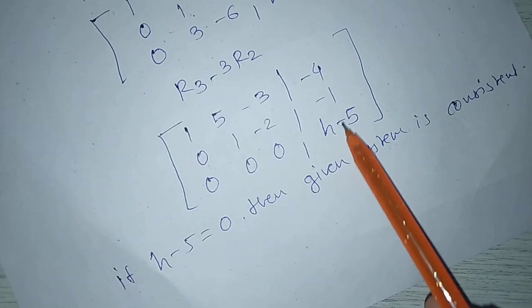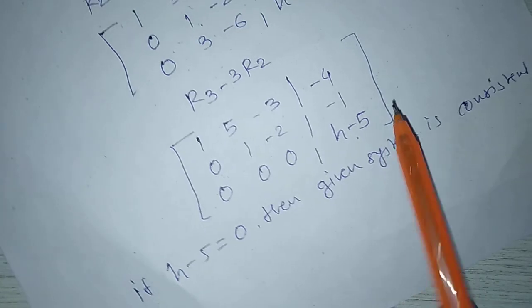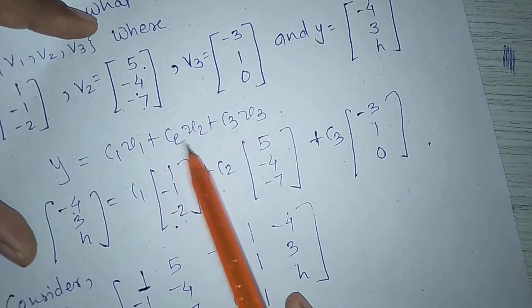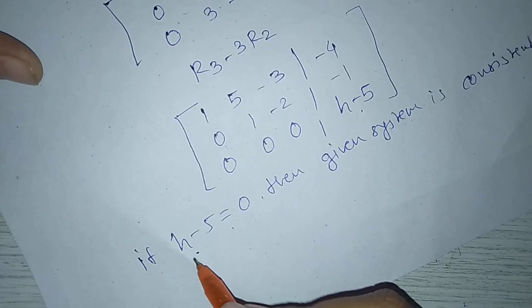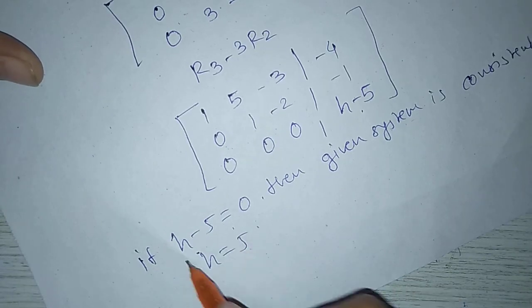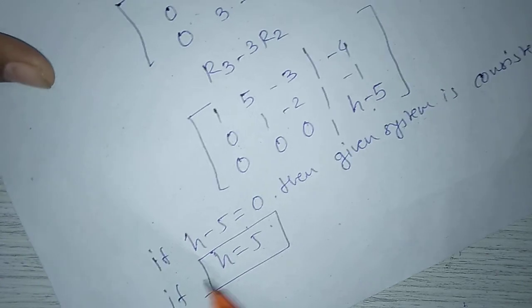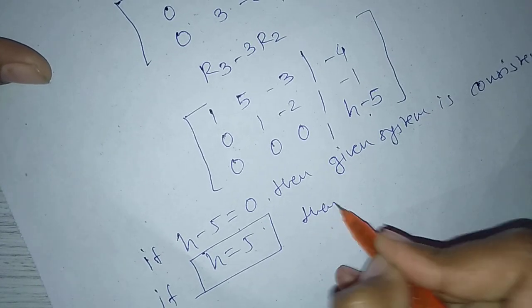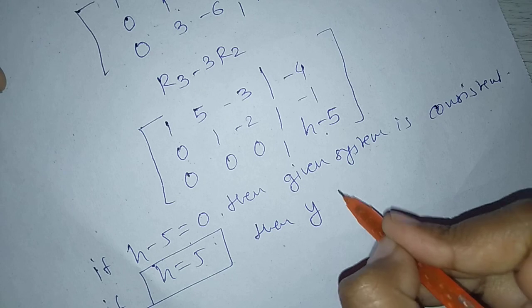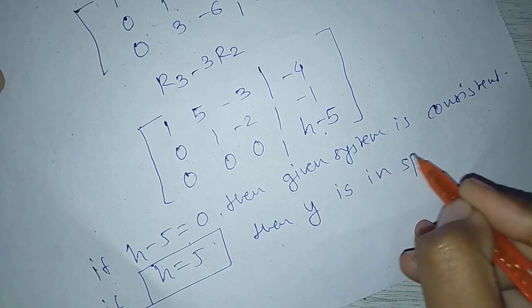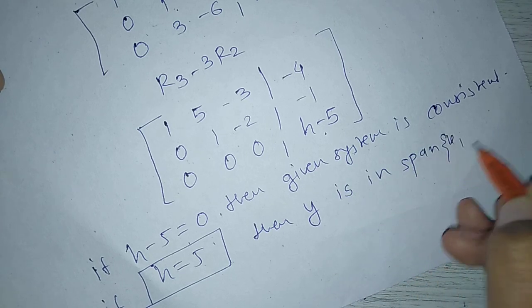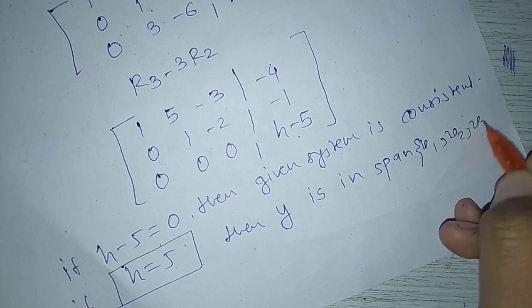If H minus 5 is not equal to 0, there do not exist C1, C2 and C3. H minus 5 equal to 0 means H equals 5. If H equals 5, then Y is in the span of V1, V2, V3.